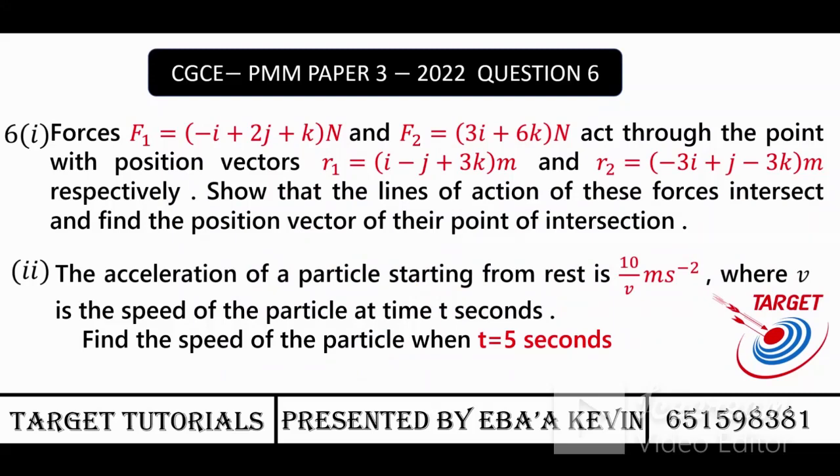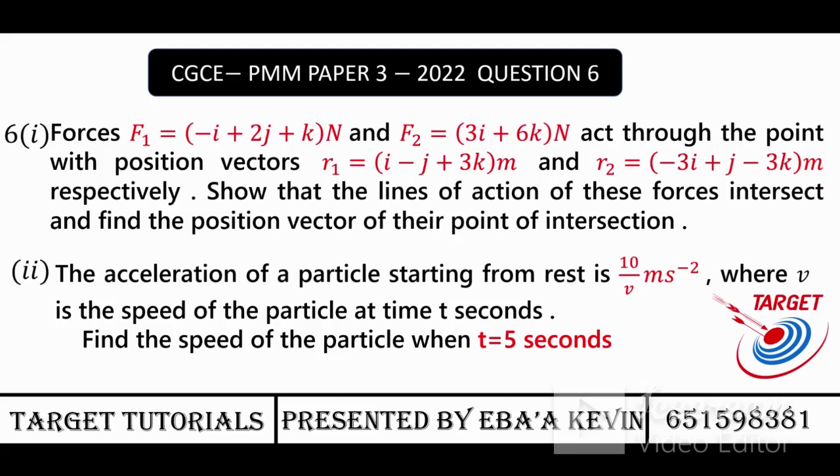So today we are simply going to continue solving Cameroon GCE examination, pure mathematics with mechanics, paper 3, June 2022, question 6. The question was divided into two parts, question 6 Roman 1 and question 6 Roman 2.